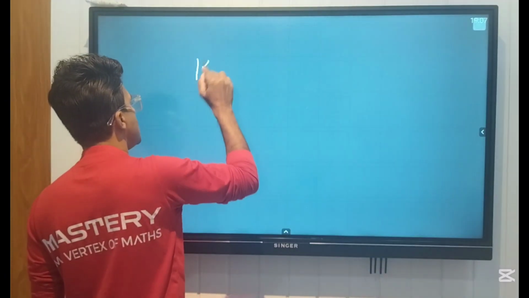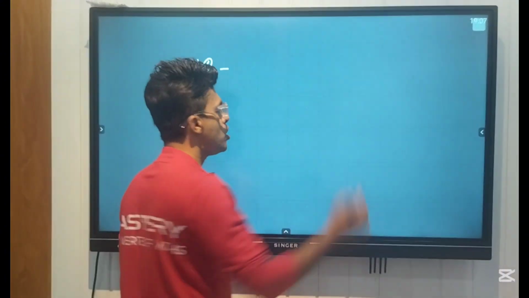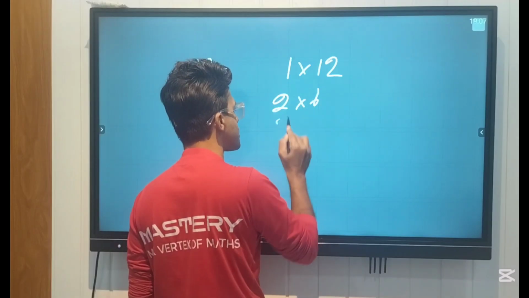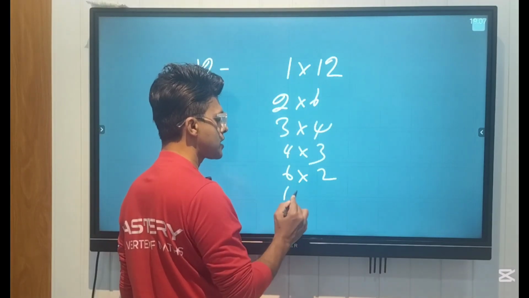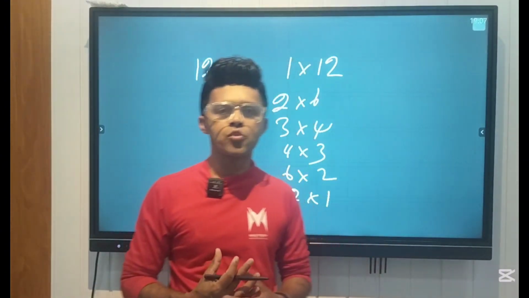First of all, I will teach you the factors of 12. 12 can be taken as 1 times 12, 2 times 6, 3 times 4, 4 times 3, 6 times 2, 12 times 1. These are the ways you could use to find the factors of 12.